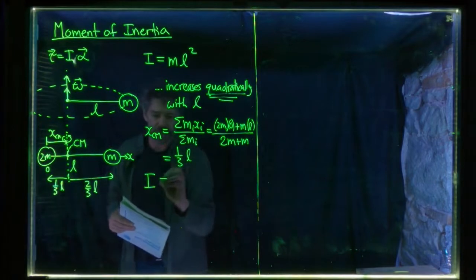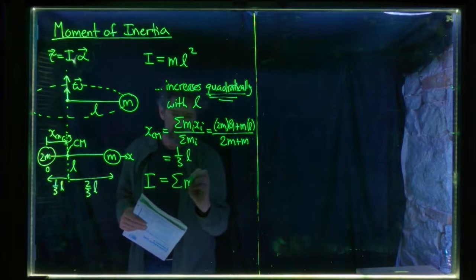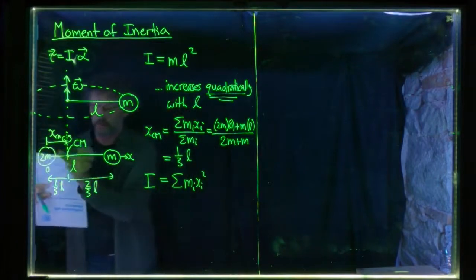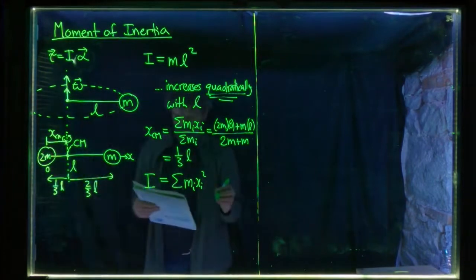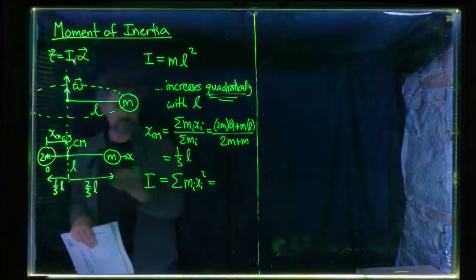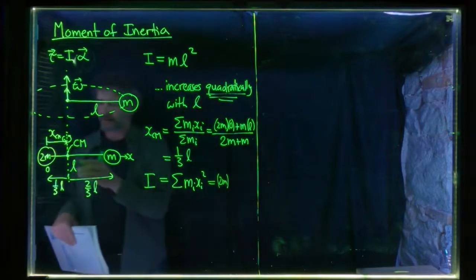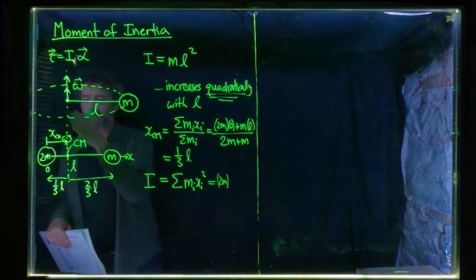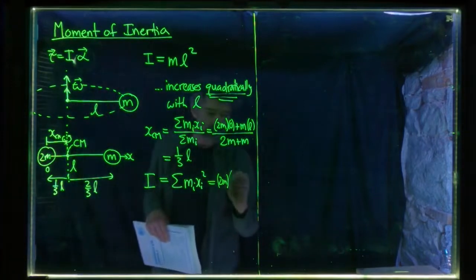So let's work that out. We can write down a general formula: the sum of mass m_i times x_i squared. It's all just along the x-axis here, so it's very simple. What is that? Well, we have a mass 2m, and the perpendicular distance from the axis of rotation to the mass is 1/3 L. So times L over 3, and we square that.